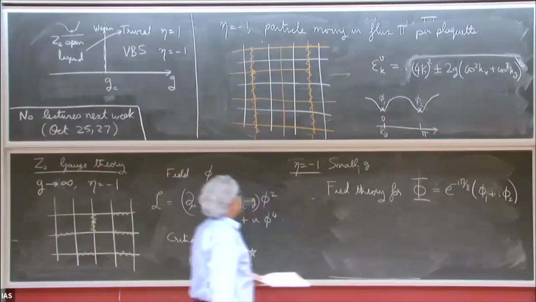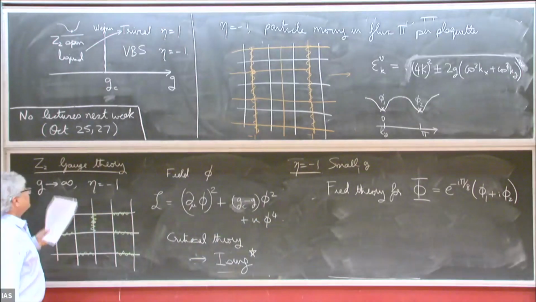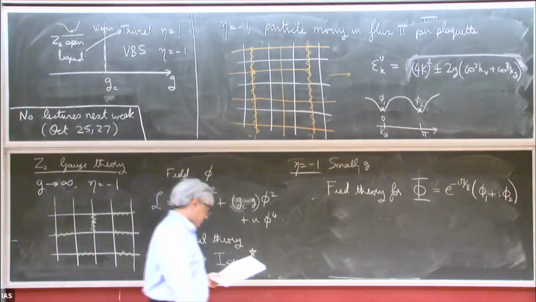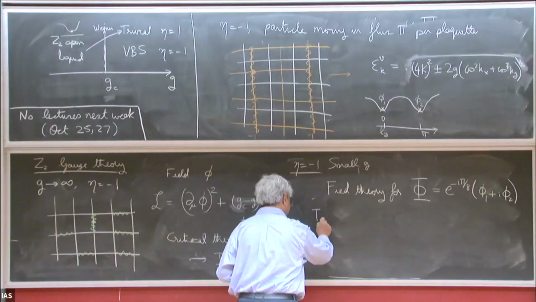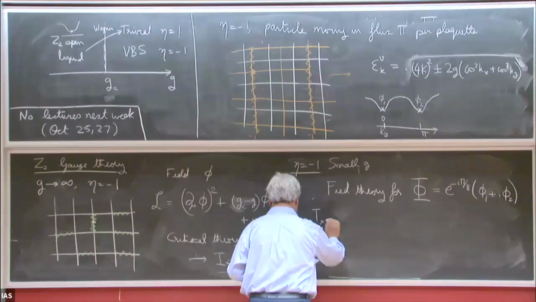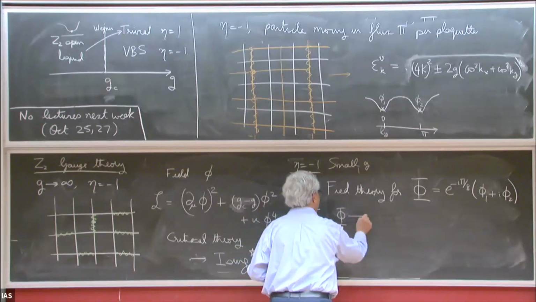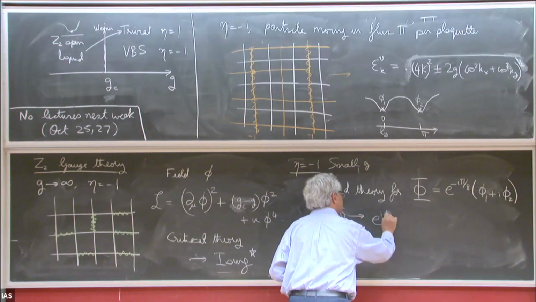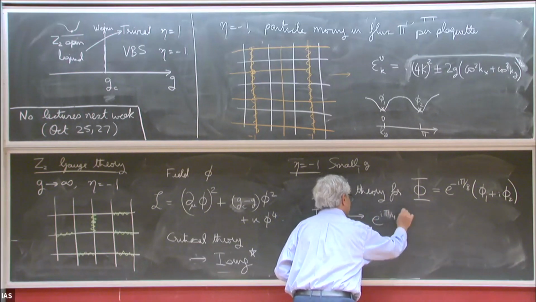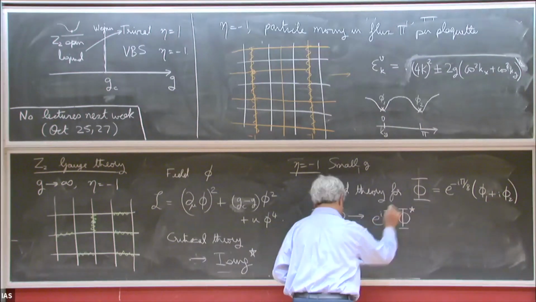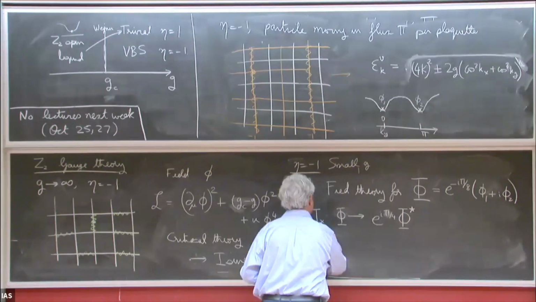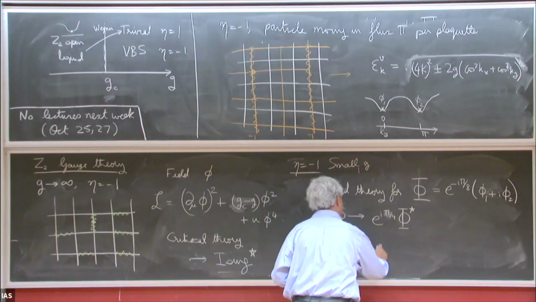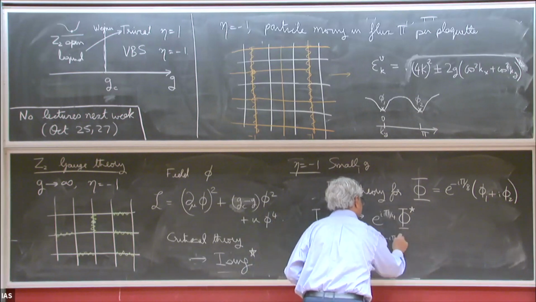And then you can take operators that act on the Hamiltonian, which commute with it, in particular translations and rotations. And the operations turn out to be Tx takes phi to e to the i pi over 4 phi star, and Ty takes phi to e to the minus i pi over 4.